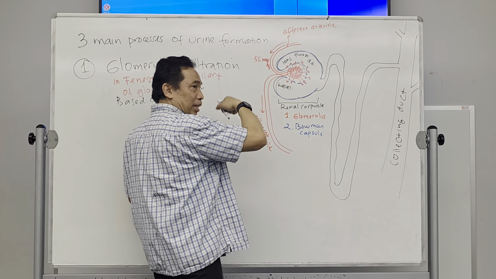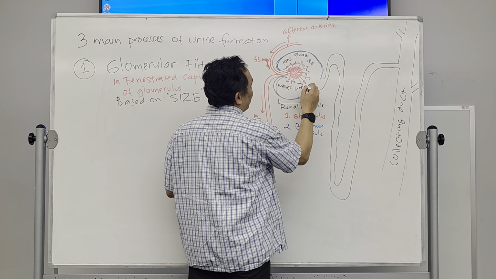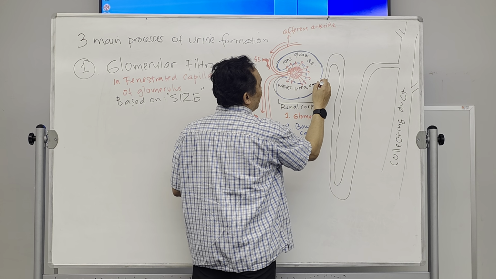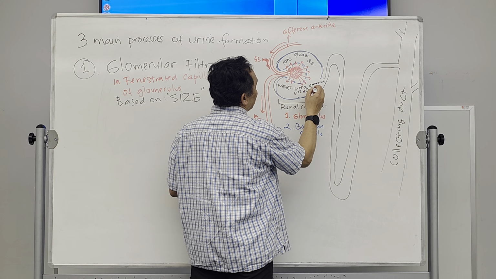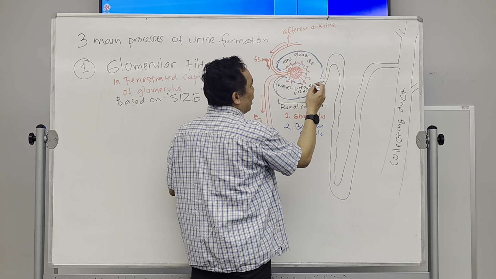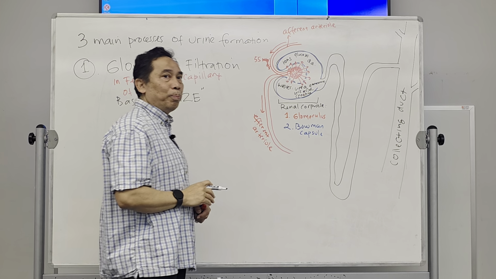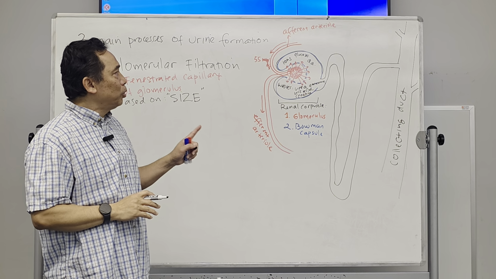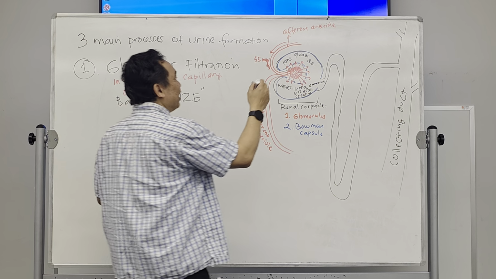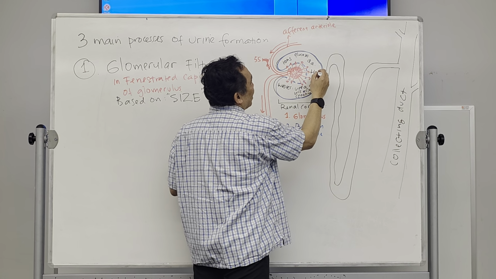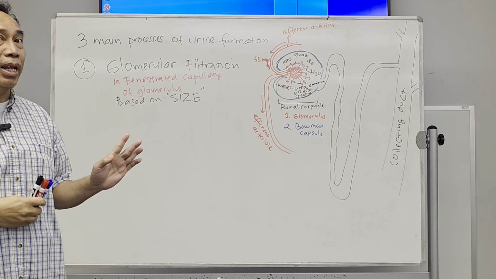Remember last time, the wastes are urea, ammonia, uric acid, and creatinine. They will also be pushed out from the blood because we really want them out of our circulation. They are bad molecules. And other small molecules, of course, water. So water will also be filtered and pushed out from our blood.